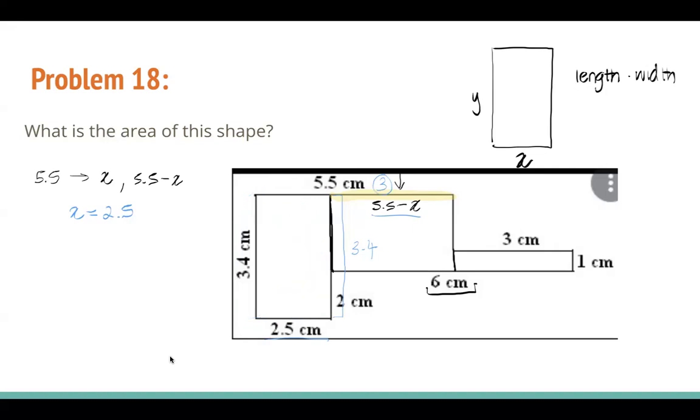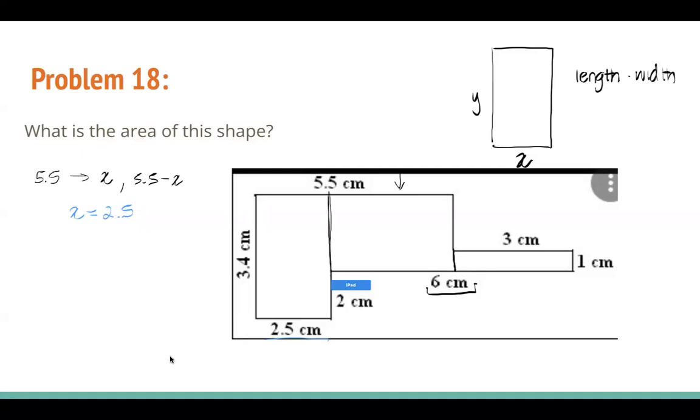So let me erase this part. Let me put this line back.